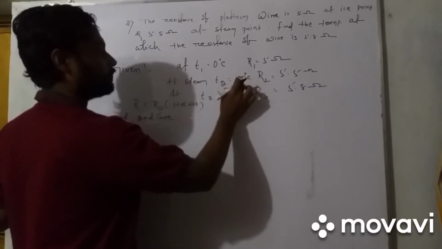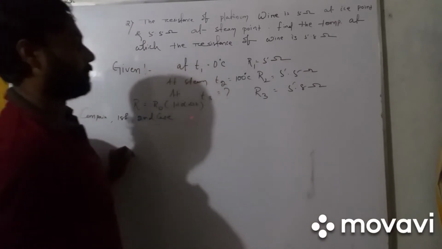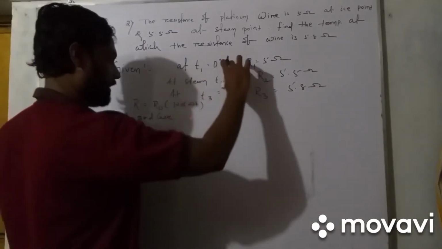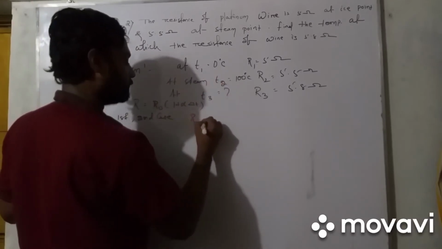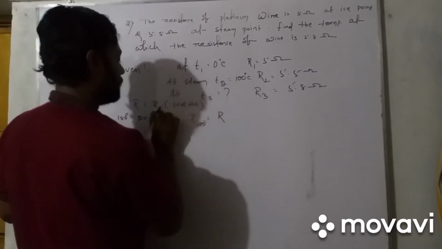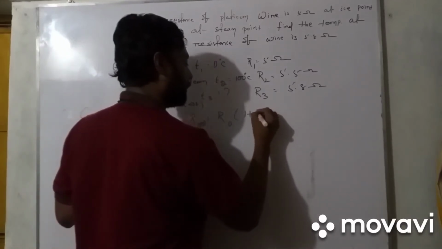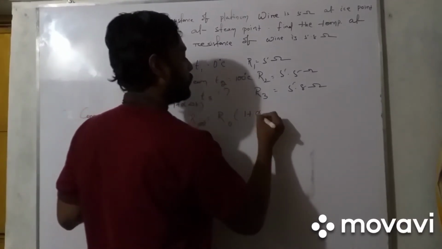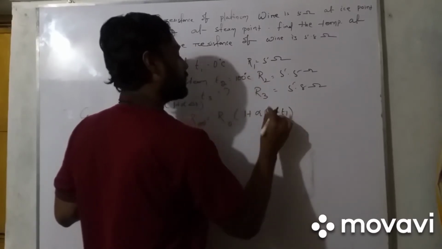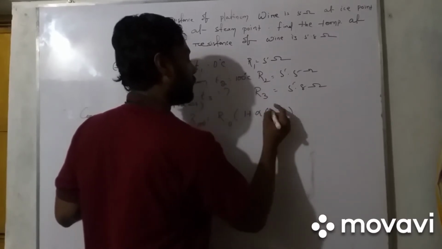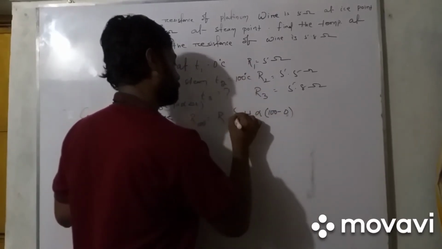At 0 degrees Celsius the resistance becomes 5 ohm. So we can write, in the first two cases, that R100 degree is equal to R0 degree into 1 plus alpha into delta T. Delta T means T2 minus T1. So T2 minus T1 means 100 minus 0.